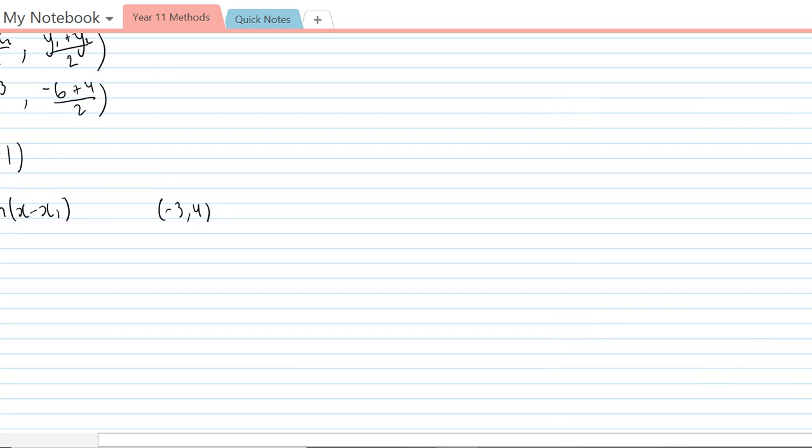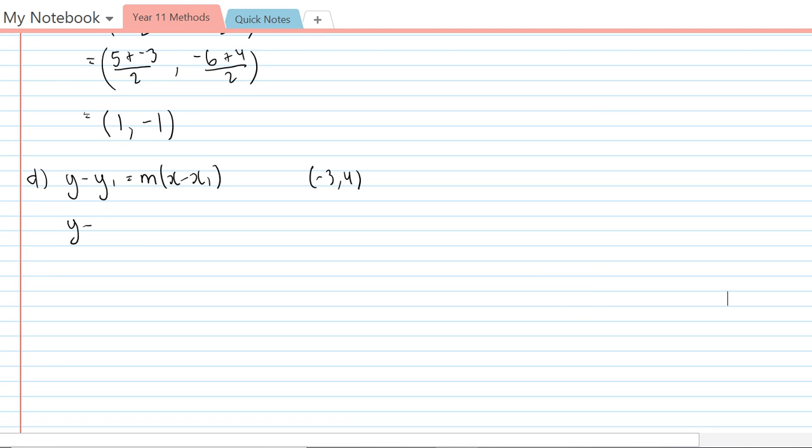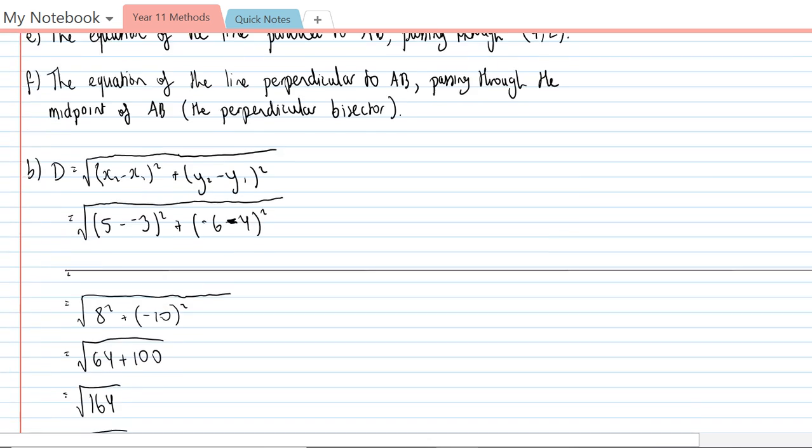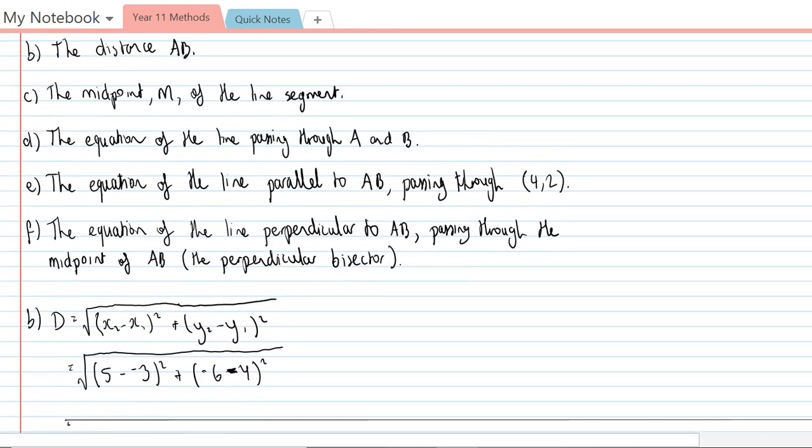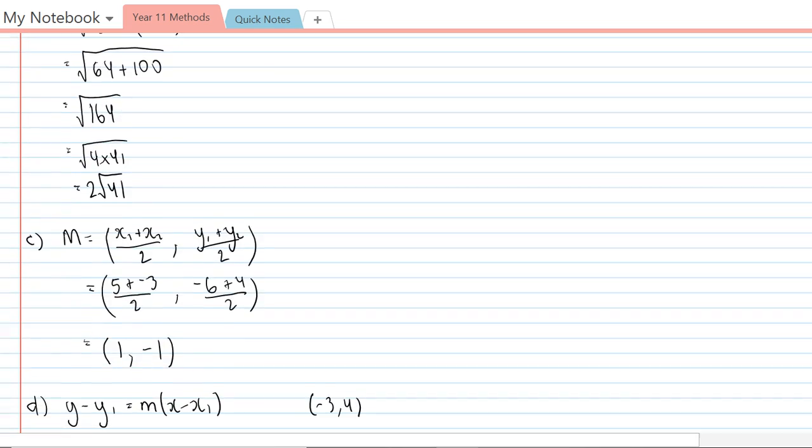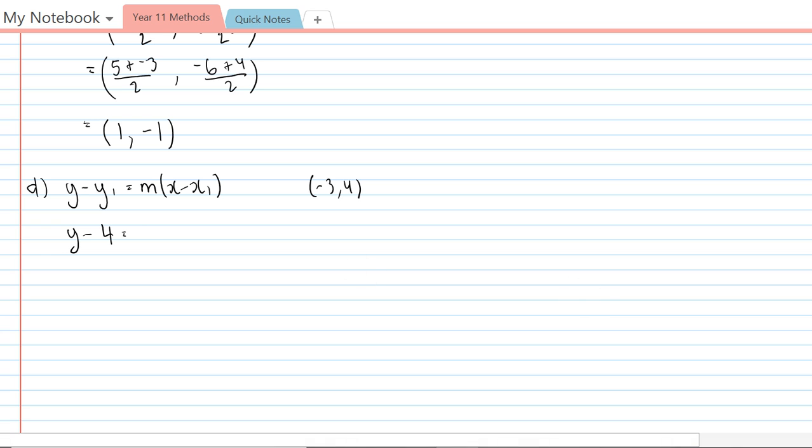So, whoops, y take 4 equals m, which we figured out earlier was -5 on 4. Where was that? Right up here. Yeah, -5 on 4. So, -5 on 4 times x minus -3, so x plus 3.